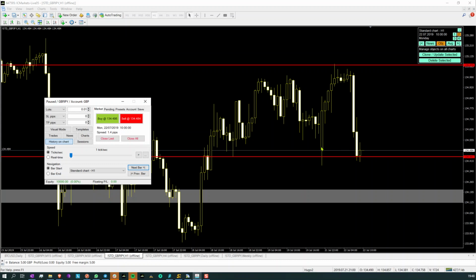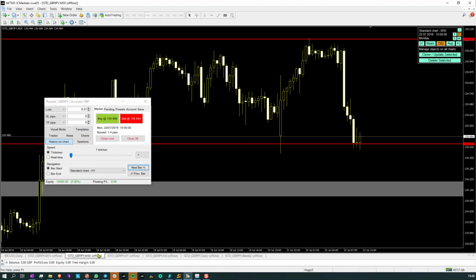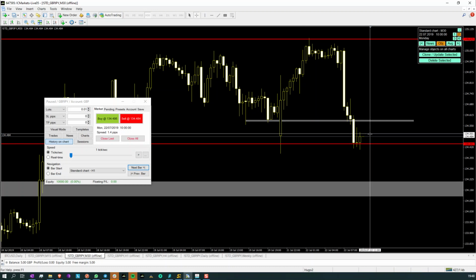Let me see the 30 minutes here. Try to go down, close bullish, and we have a bit of room. How many pips is this?